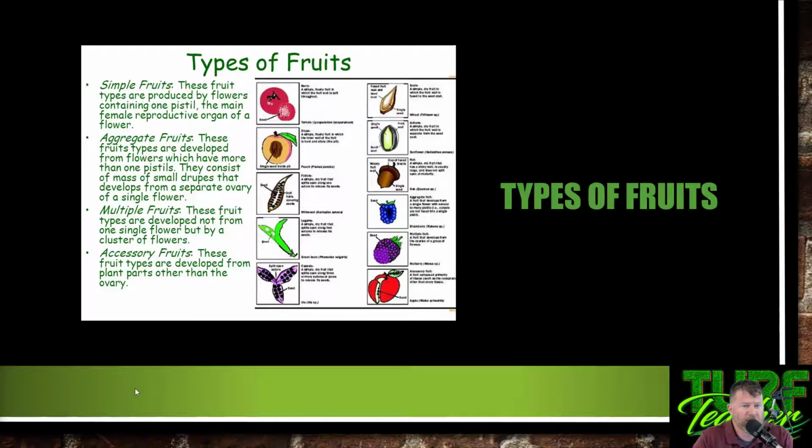Your aggregate fruits, these fruit types are developed from flowers which have more than one pistil. They consist of a mass of small drupes that develop from a separate ovary of a single flower. Multiple fruits, these fruit types are developed not from one single flower, but by a cluster of flowers. And then your accessory fruits. These fruit types are developed from plant parts other than the ovary.